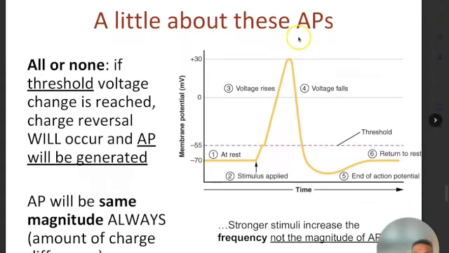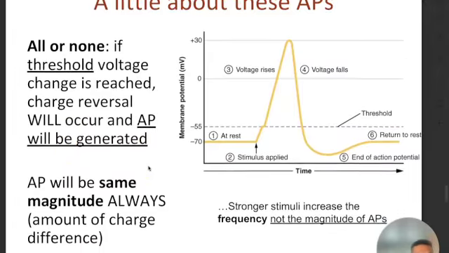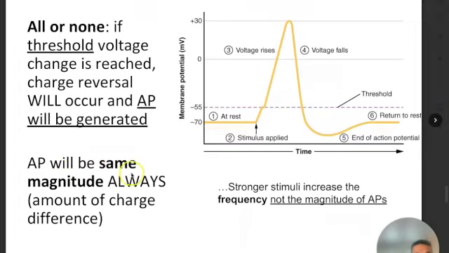Now, action potential, remember this, it is all or none. Okay, if the threshold voltage change is reached, charge reversal will occur at the action potential. The action potential will be generated. Okay, action potential will always be the same magnitude, the same amount of charge difference.